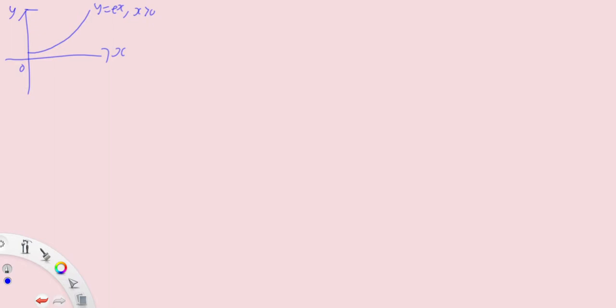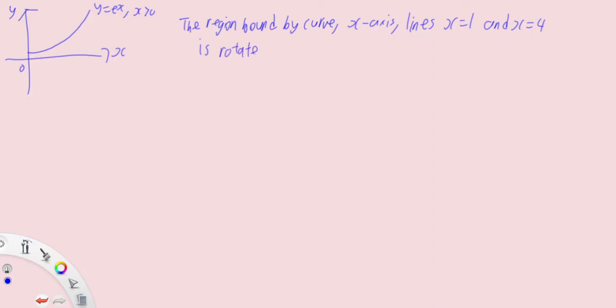So let's say the question is: the region bound, I'm going to use some short form, bound by the curve, x-axis, lines x equals 1 and x equals 4, is rotated 2 pi about the y-axis.